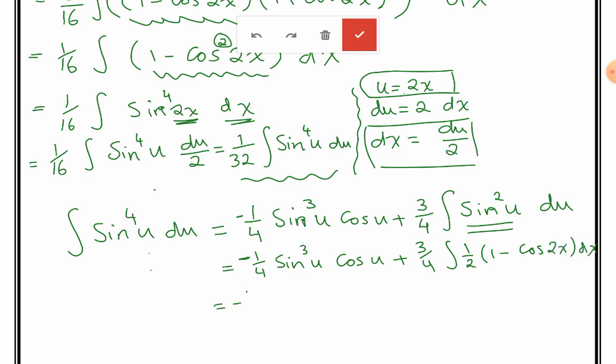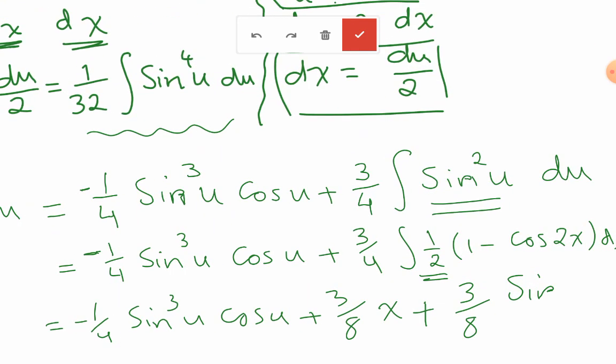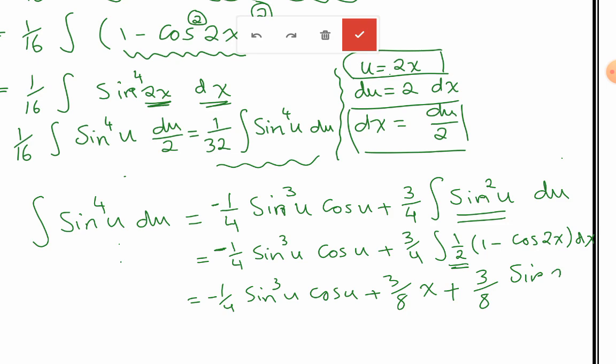So this part is negative 1/4 sine cubed u cosine u plus 3 over 8, because the half will be outside, and the integral of the first, which is u, and the integral of the second, 3 over 8, will be 3 over 16. The integral of cosine is sine, so this one will be positive, and cosine 2u will give sine 2u over 2.